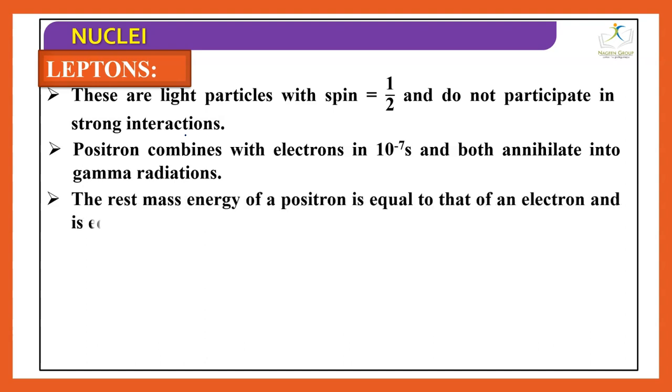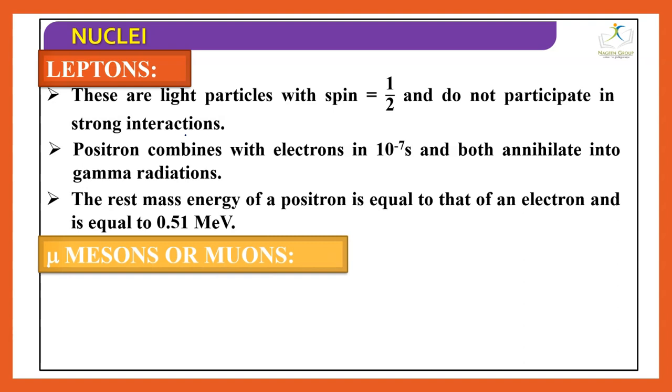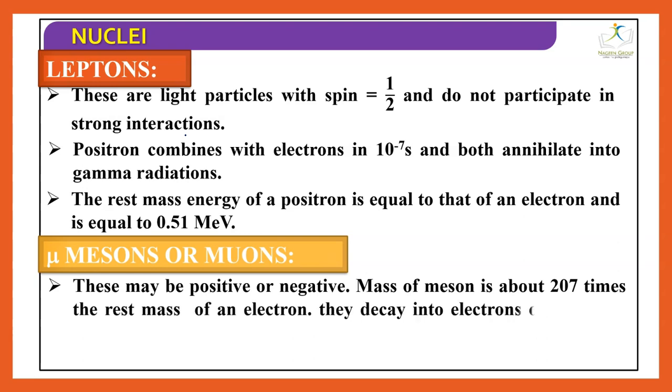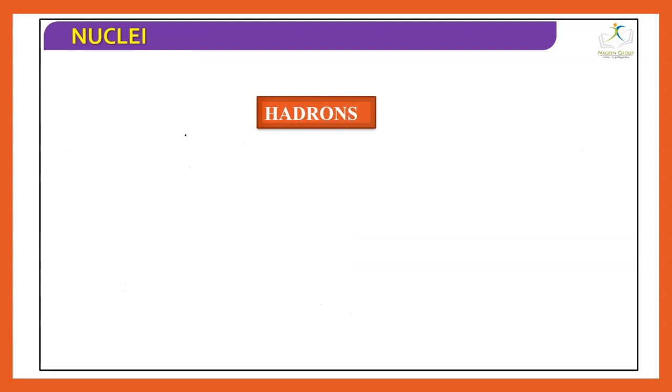The rest mass energy of the positron equals that of an electron, 0.51 mega electron volt. Mu mesons or muons may be positive or negative. The mass of the muon is about 207 times the rest mass of the electron, and they decay into an electron and neutrinos.